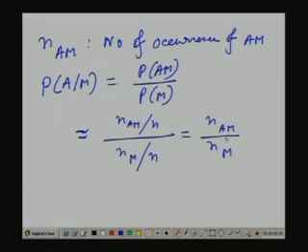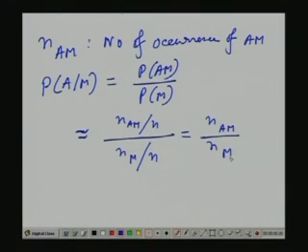I repeat again, N was the total number of trials, but if we just consider those occasions where M has occurred, then the total number of such cases is N_M. So, out of these N_M cases where on each occasion M has occurred, we find out on how many occasions A has occurred. For that you have to see the intersection between A and M and see how many times we really got this intersection, this corresponding event coming up, that was this.